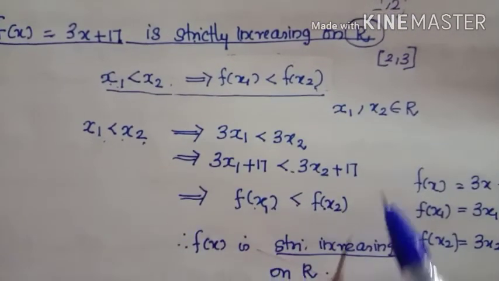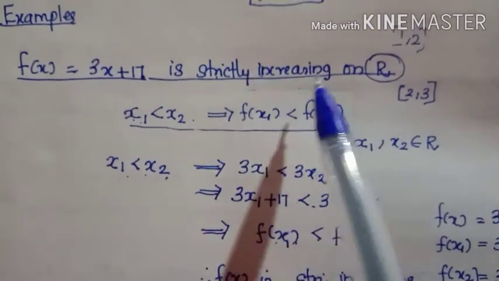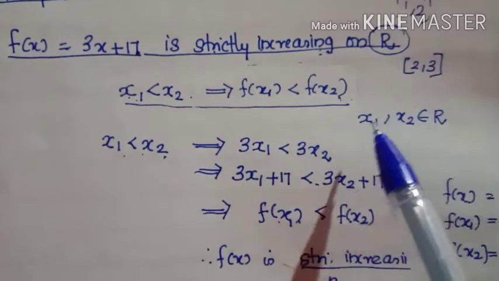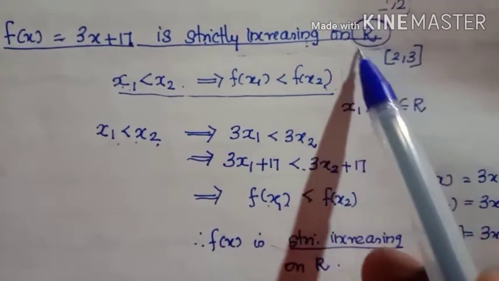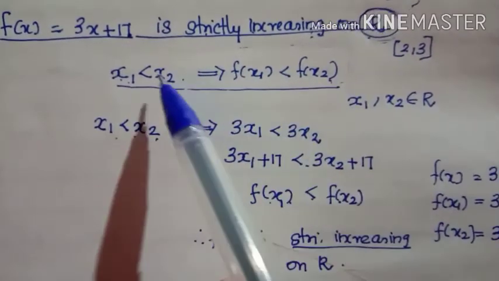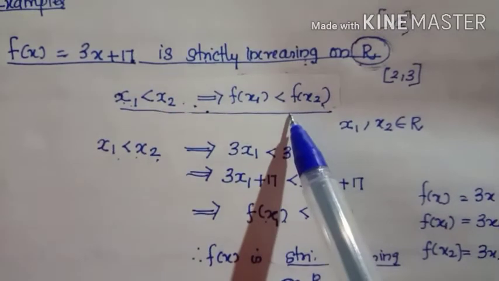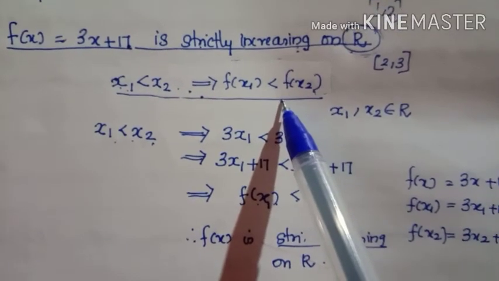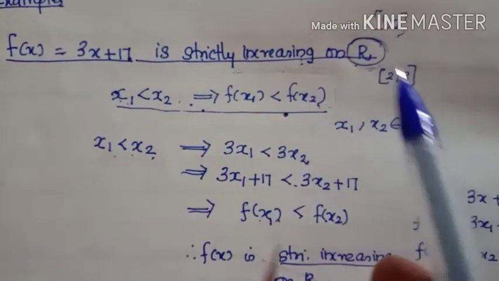So this is the method of verifying whether a given function is strictly increasing or decreasing on a particular interval. Here, keep in mind the interval is the real line, so we apply this expression. Otherwise, we need to use the derivative form. We will discuss some more examples, then we can see how to verify these conditions.